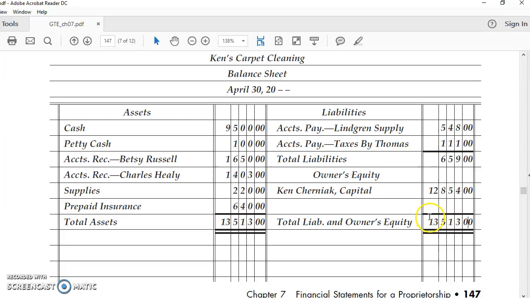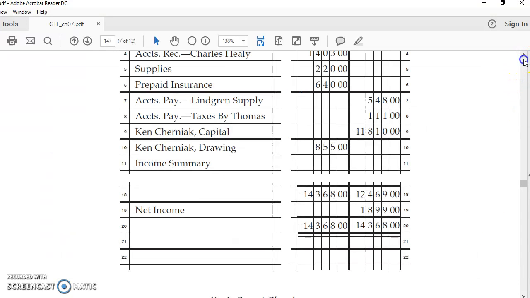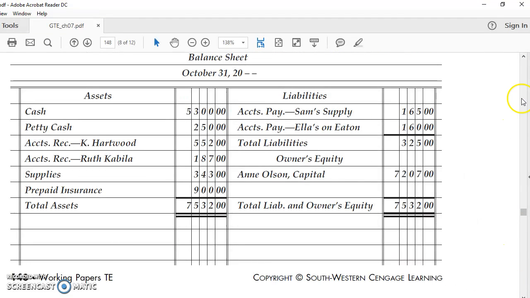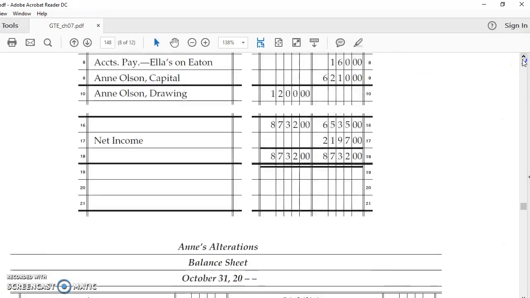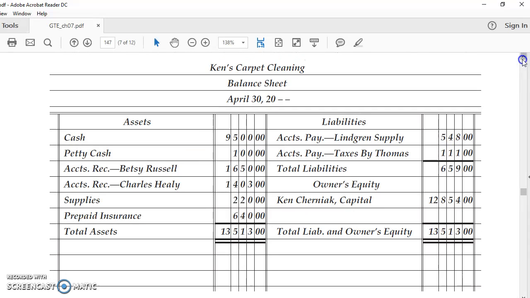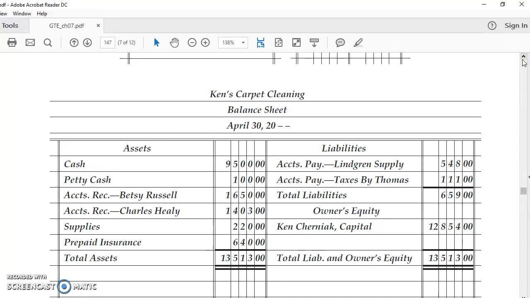Now, as far as mathematical lines, you're going to put a mathematical line here because we're doing math, and then you are double ruling. And that's a simple balance sheet. You're going to, again, get this information from the data that is on your income statement or your balance sheet on the financial worksheet.